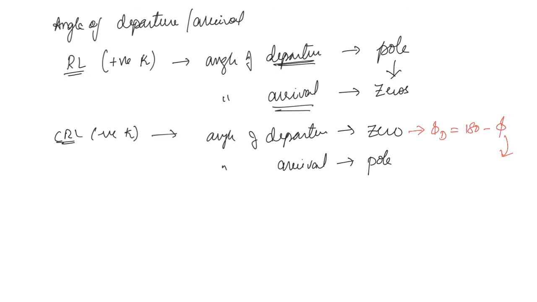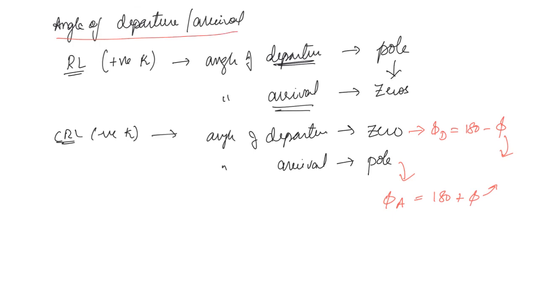And the angle of arrival, phi_a, will be equal to 180 degrees plus phi, where phi is the same thing: the net angle contribution at that particular pole, wherever you are finding the angle of arrival, from all other open loop poles and zeros. So this is the angle of departure and the angle of arrival.